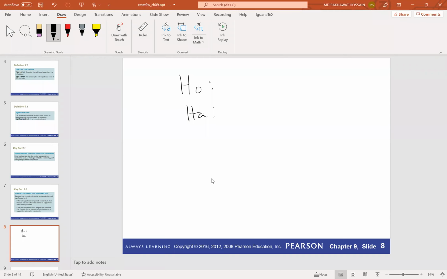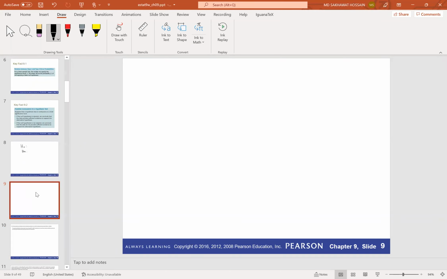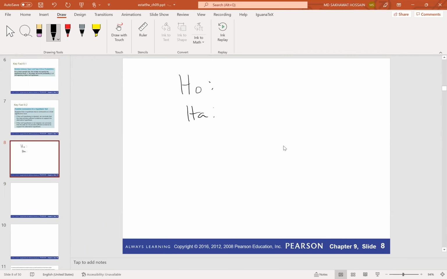Since this is hypothesis testing for one population mean, our null hypothesis will be mu is equal to a fixed or particular value of mu, which is called mu0.